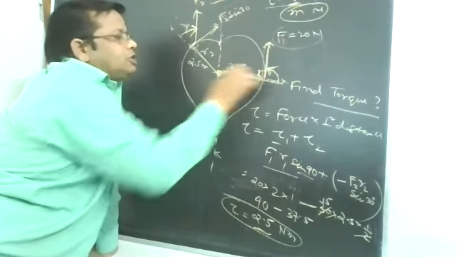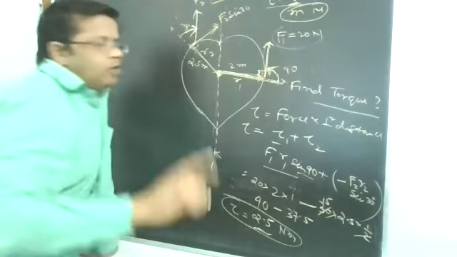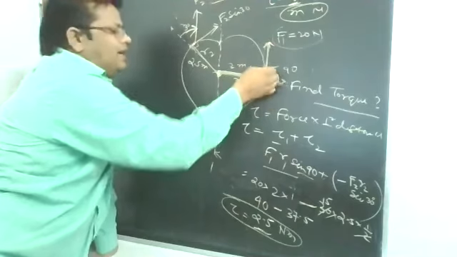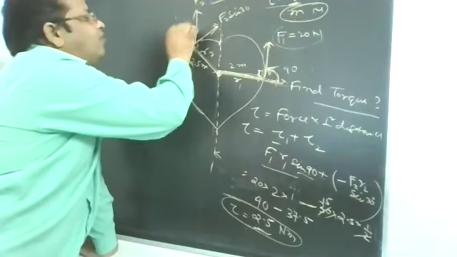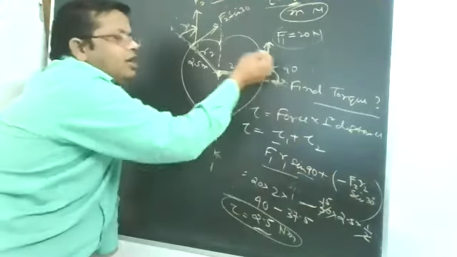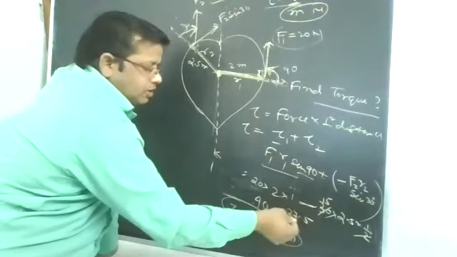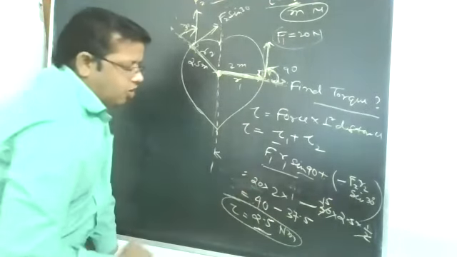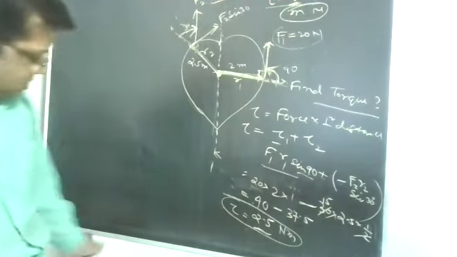The perpendicular distance is 2 meter. This angle is 90 degree already. Now, take R and F. What is this angle? 90. RF sin 90. This is R and F. What is this angle? 30 degree. Clockwise rotation means minus, anti-clockwise rotation means plus. So this one is 40 and this one is 37.5. So 40 minus 37.5, your net torque acting on this body is 2.5 Newton meter.